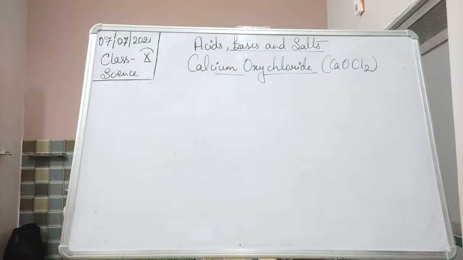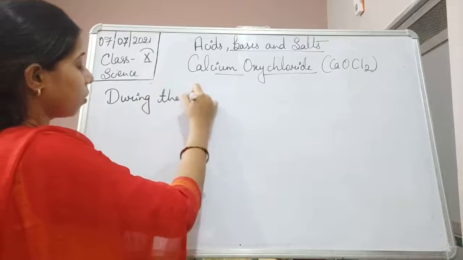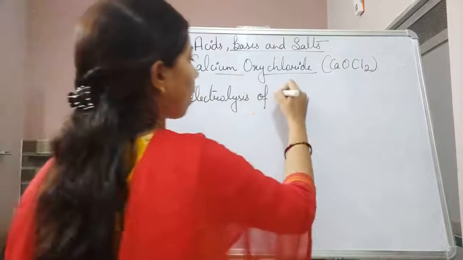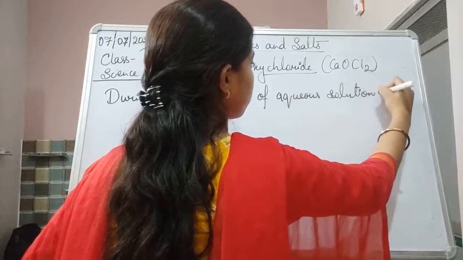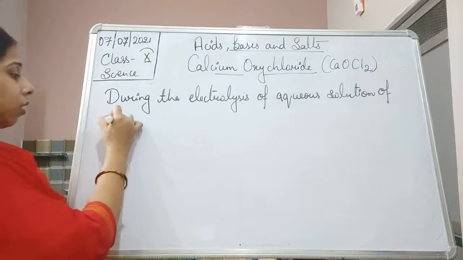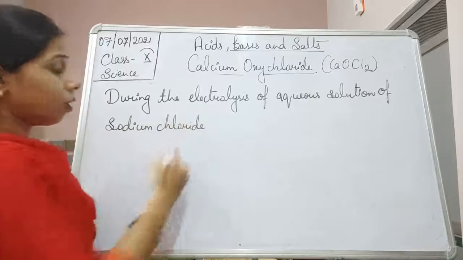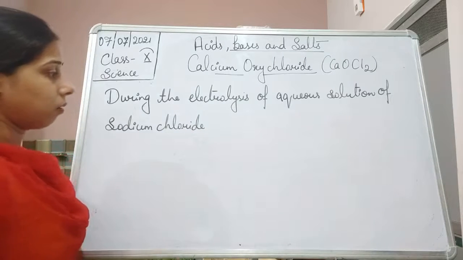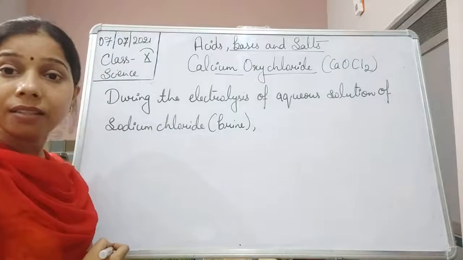So basically, during the electrolysis of aqueous solution of sodium chloride, that is also called brine, Cl2 gas, chlorine gas is released.